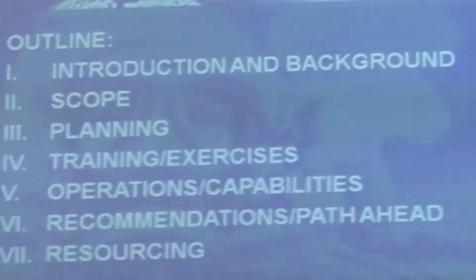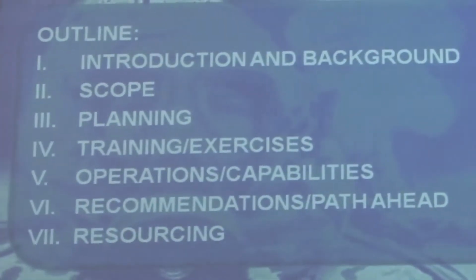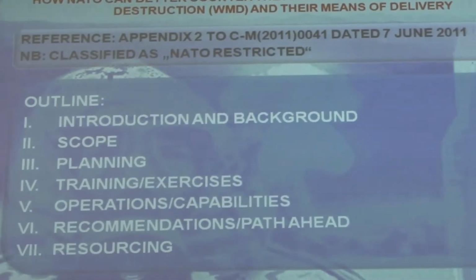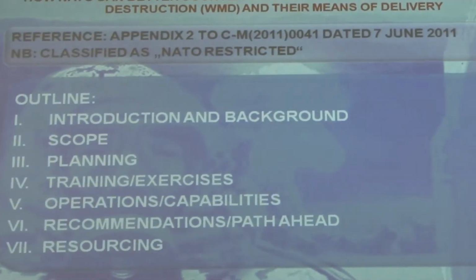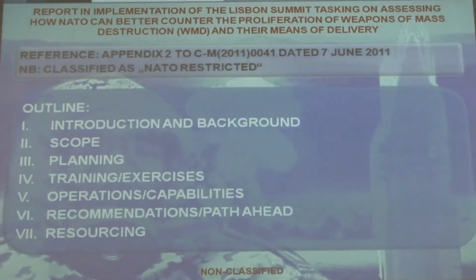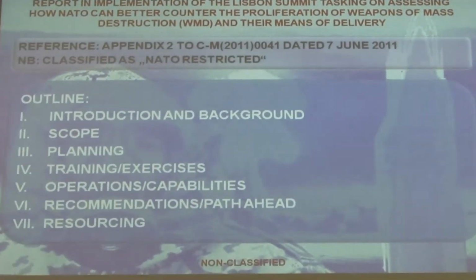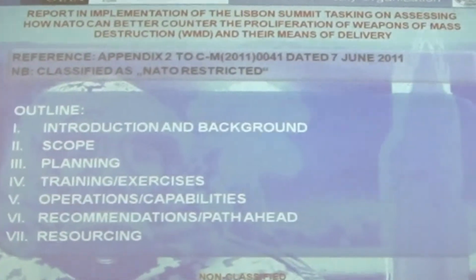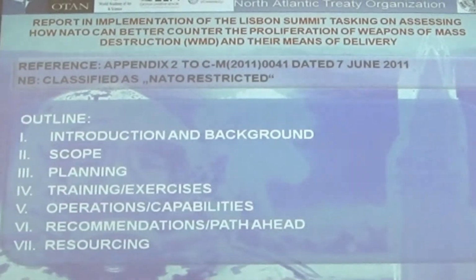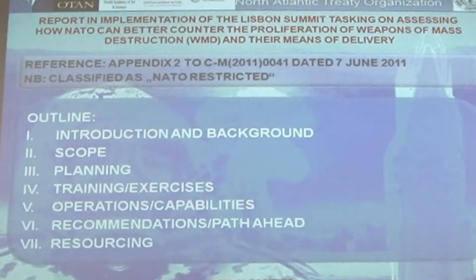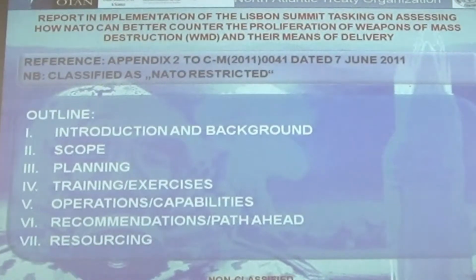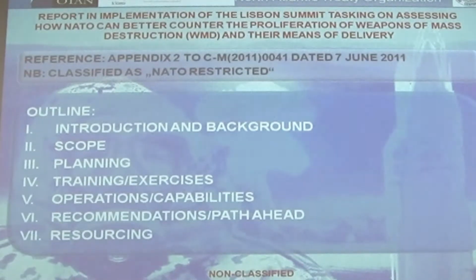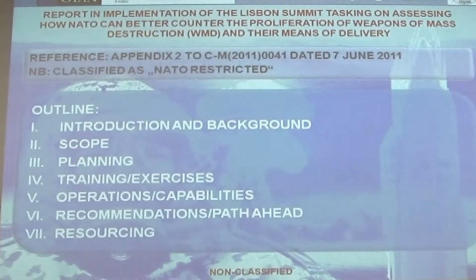We created a report which has been endorsed by the Ministers of Defense of all NATO members, containing 40 very specific taskers to the Committee on Proliferation. So we somehow tasked ourselves, which is a nice way. But 36 of these taskers were directed to the military authorities. The paper itself is classified.